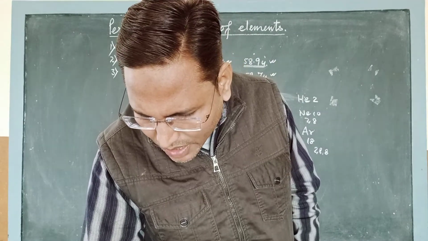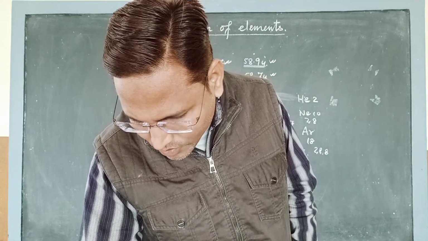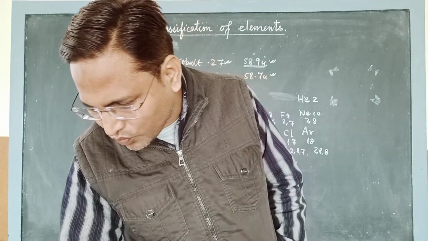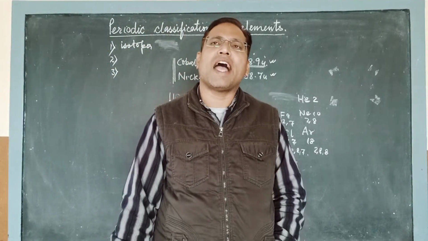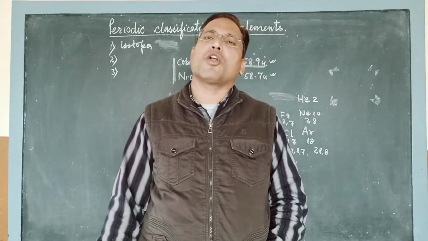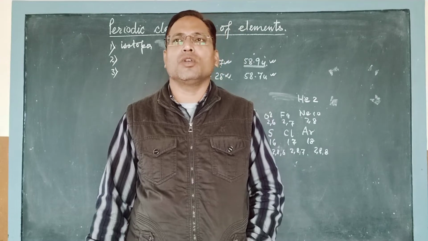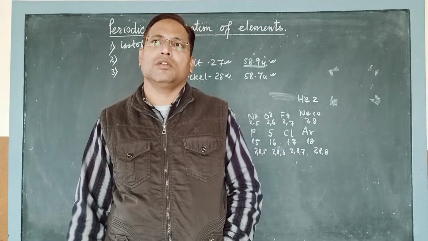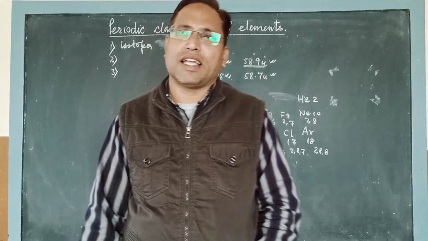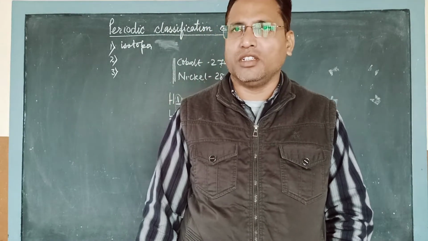Next we have the modern periodic table. The credit for the arrangement of the elements in the modern periodic table goes to Niels Bohr. In class 9 you have studied Niels Bohr.